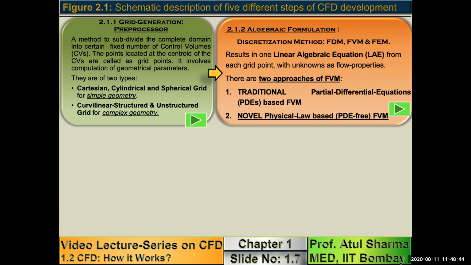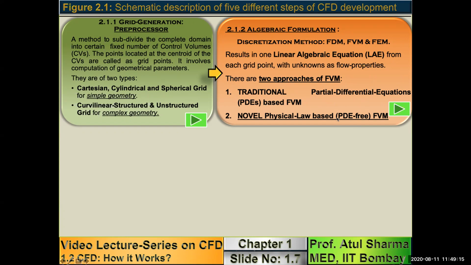There are two types of approaches to the finite volume method, which I'll discuss in detail in a separate slide. Traditionally, in almost all the books of CFD, you will find they use a method which is called here the partial differential equation based finite volume method. And the companion book for this lecture series presents a methodology which involves a novel physical law based PDE free finite volume method.